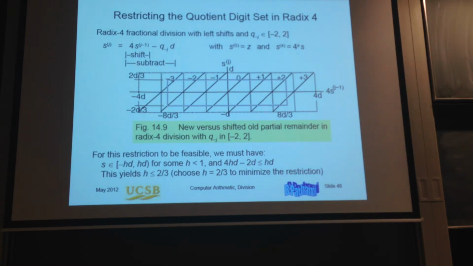But I will rely now on digits which are in this set. Now, in order to be able to do that, I have to shrink the dynamic range of my shifted partial product in such a way that it will never get in this area where only the choice of 3 is legitimate, or in this area where only the choice of -3 is legitimate.